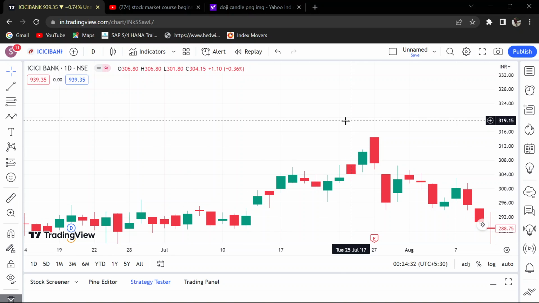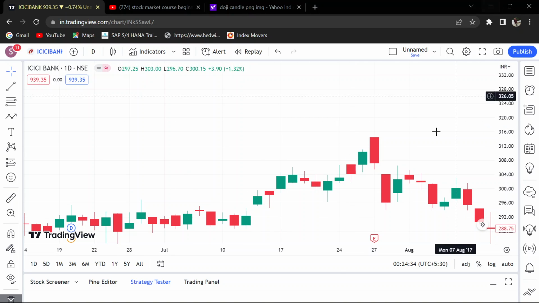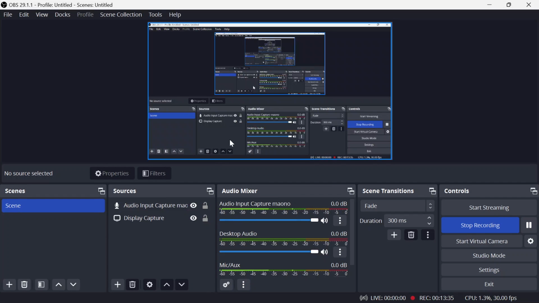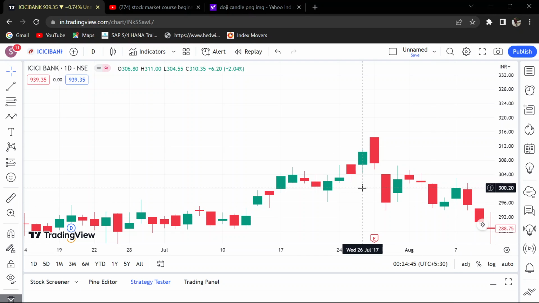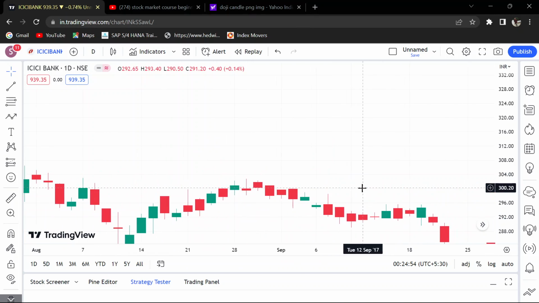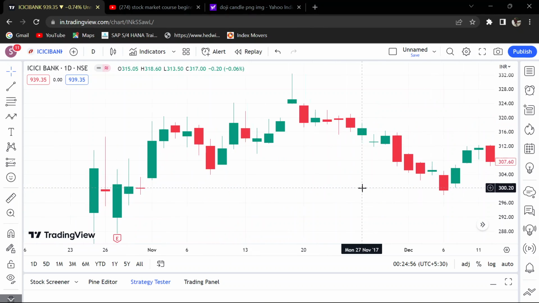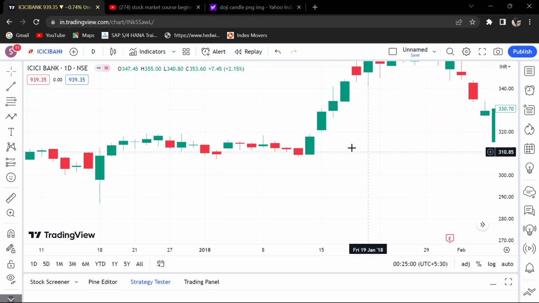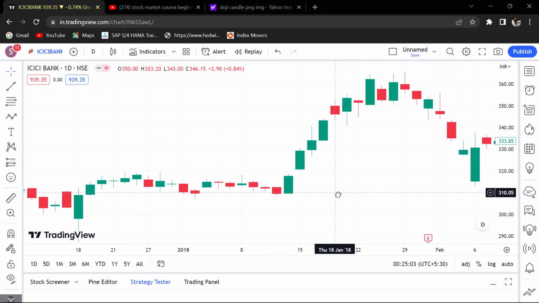So I hope everyone is getting it. Now let's identify the Marubozu candle.